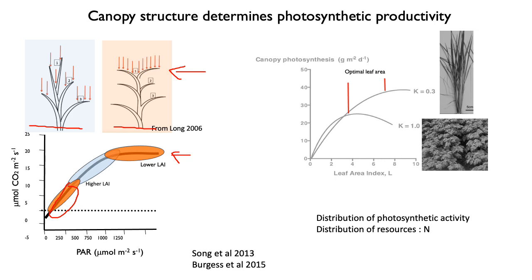It means that there is an overall average higher photosynthetic rate in the canopy with upright leaves, but it also has a potentially higher optimal leaf area, because the upright canopy means you can have a higher leaf area index. So this affects both the distribution of photosynthetic activity and the distribution of resources like nitrogen. This has recently been shown empirically using wheat.